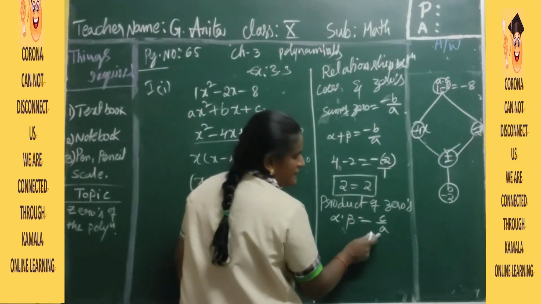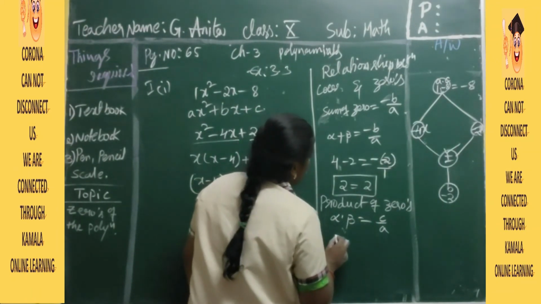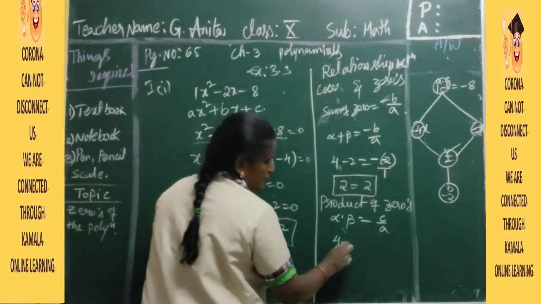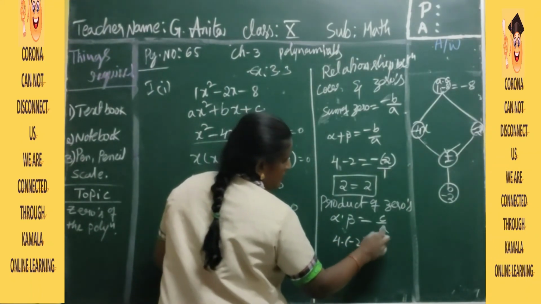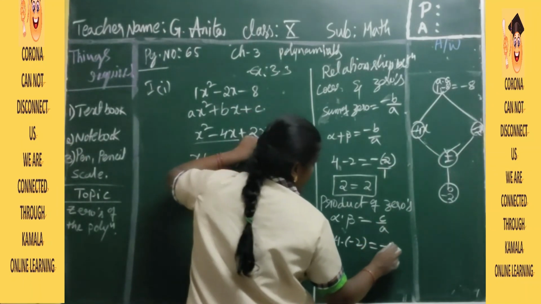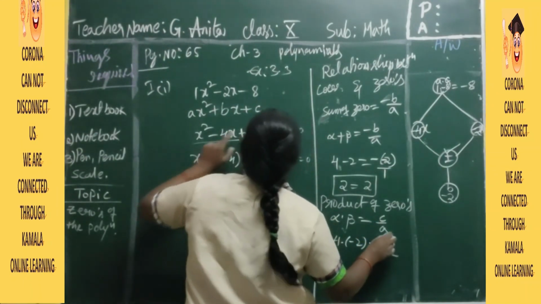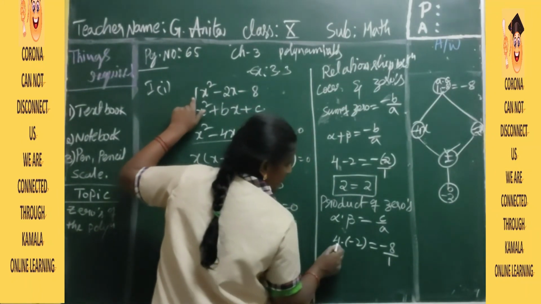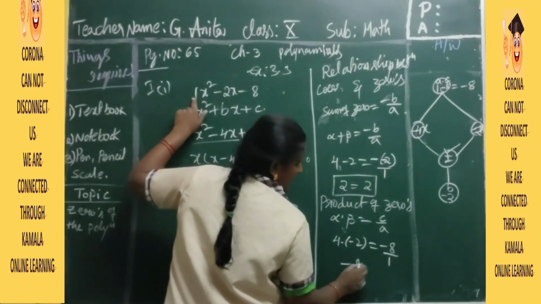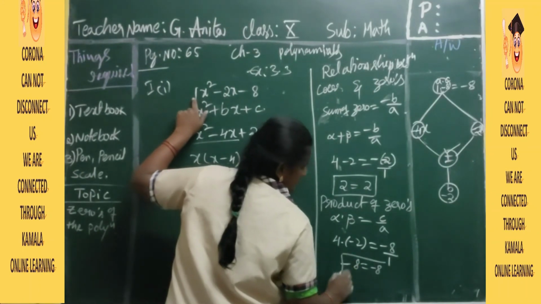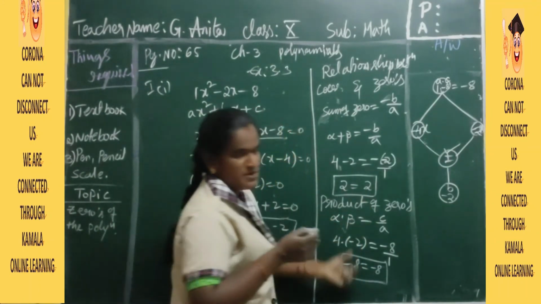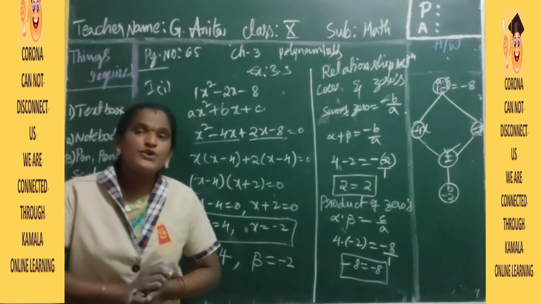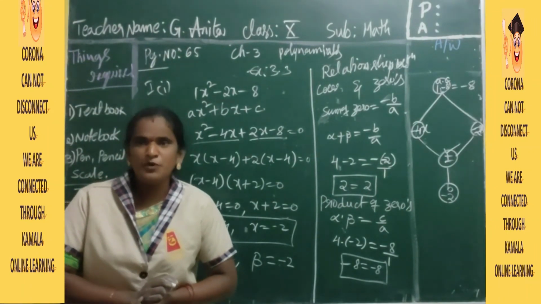Alpha is 4 and beta is minus 2, is equal to, constant is minus 8 and coefficient of x square is 1 from the given equation. Minus 8 is equal to minus 8. So we got same answer. So this is the relation between coefficients and zeros of the given polynomial.